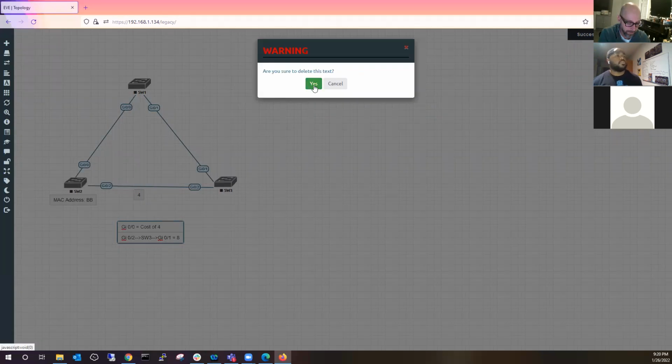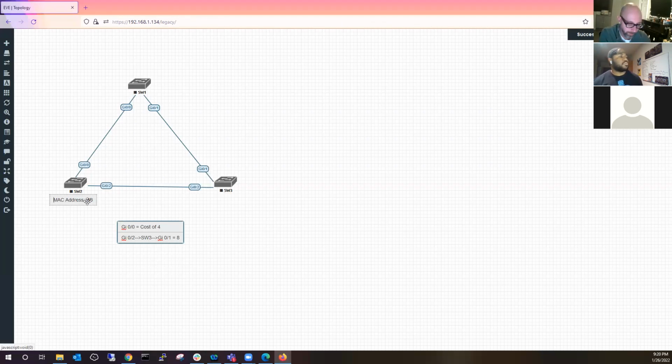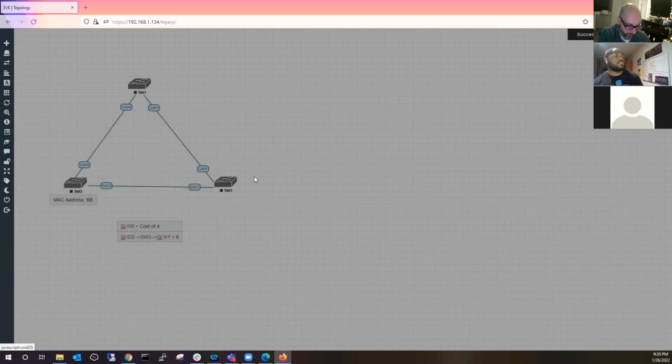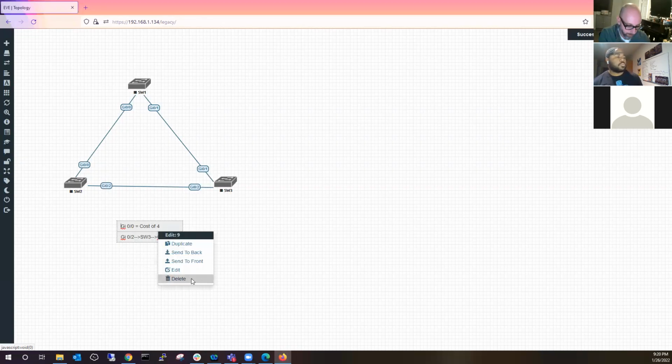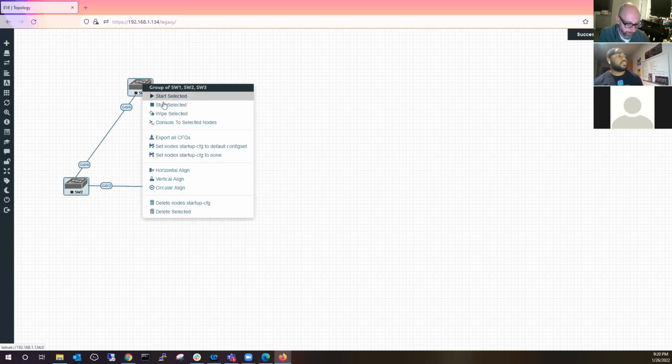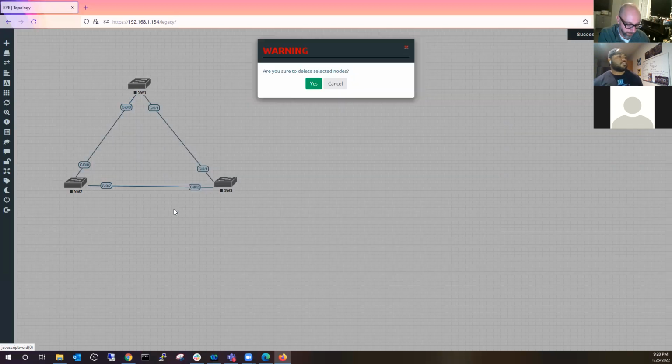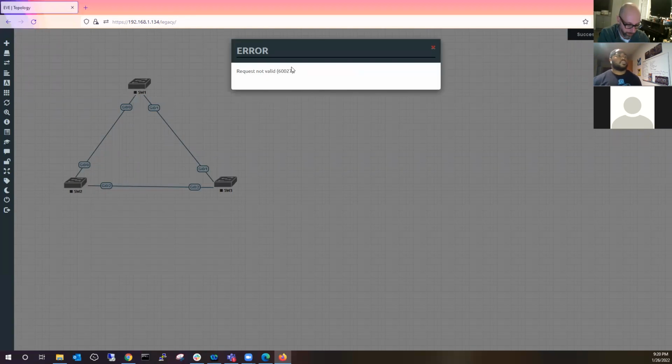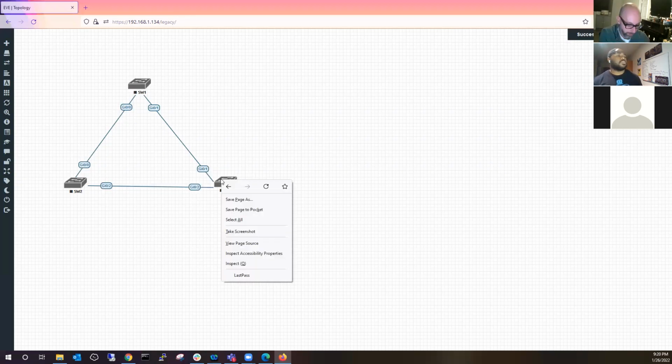Okay, let me clean this up for you. In OSPF, a neighbor is nothing more than two routers that are sending hellos to each other. That's all they are. An adjacency, there has been an exchange of LSAs.